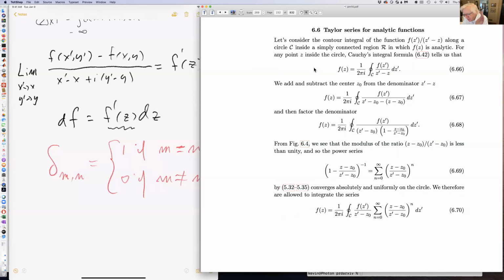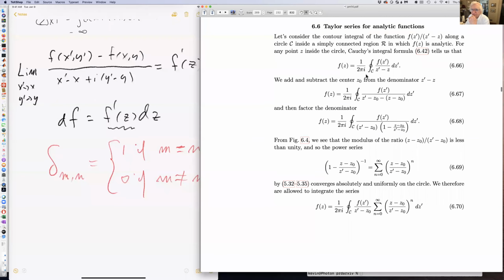Once again, we imagine we have a simply connected region R, and the function f of z is analytic inside, and the point z is inside the region, and we are going to integrate the function f of z prime over z prime minus z around any contour that goes counterclockwise around the point z.